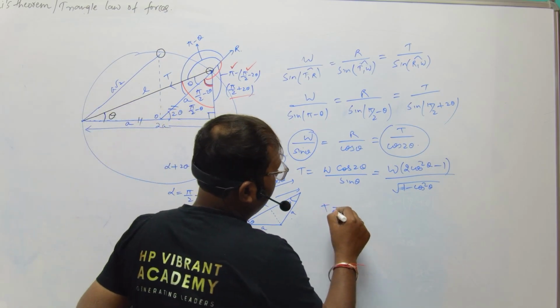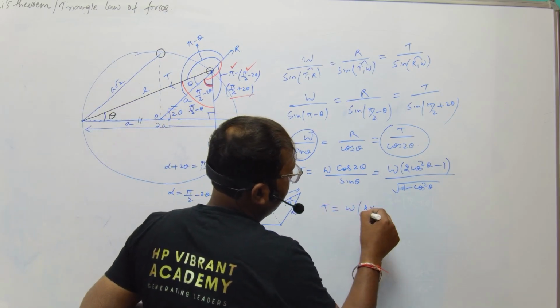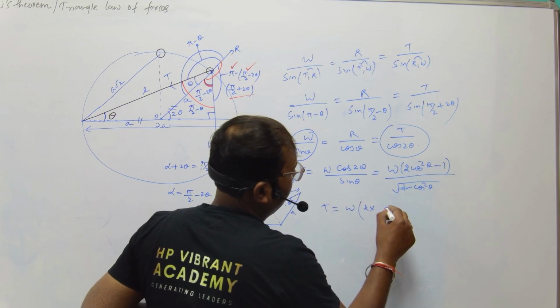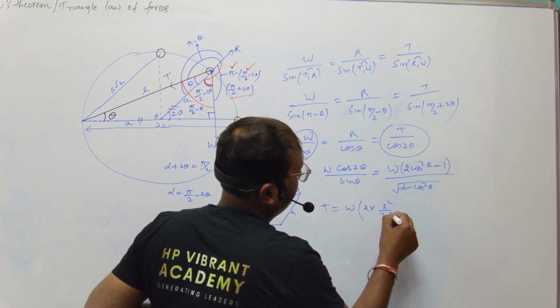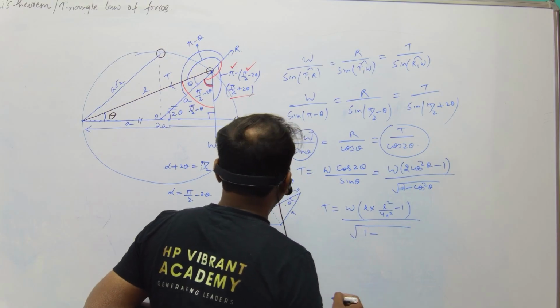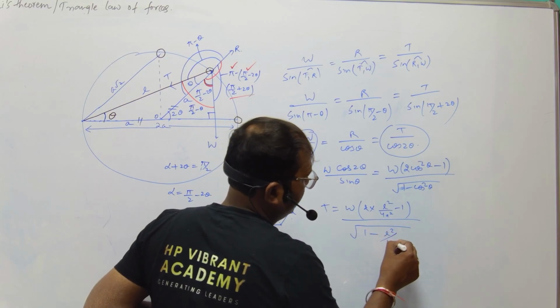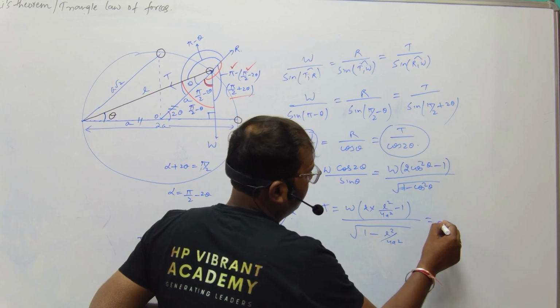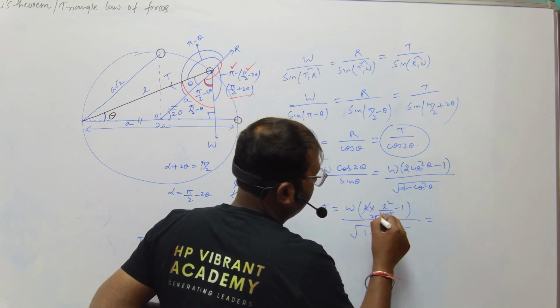So let us place cos theta is equal to L upon 2A. T is equal to W times 2 times L square upon 4A square minus 1 upon root under 1 minus L square upon 4A square. This gets cancelled to 2A square.